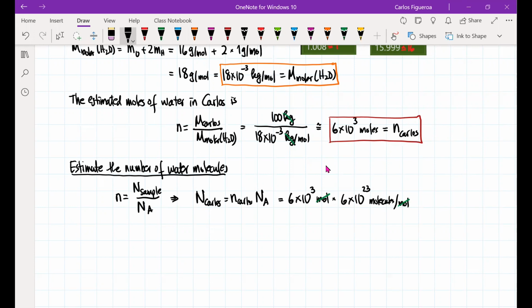Instead of 36, I'm going to go to 40. This gives me 4 times 10 to the 27 H2O molecules, which is the estimated number of water molecules in Carlos.